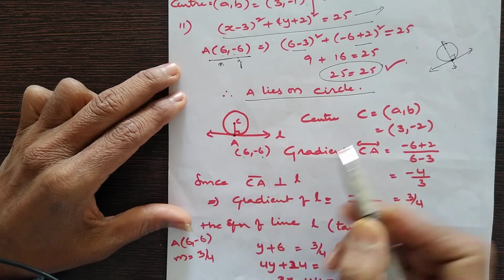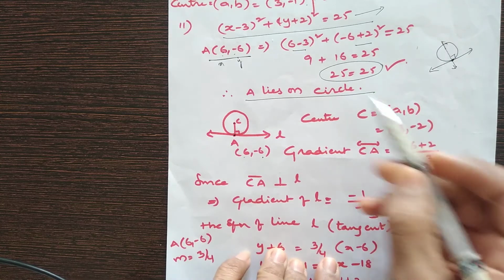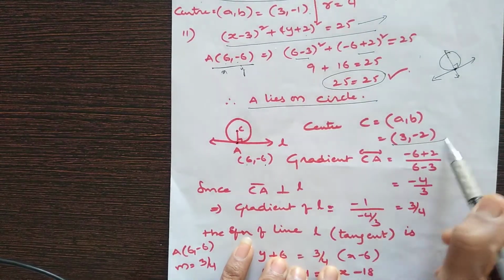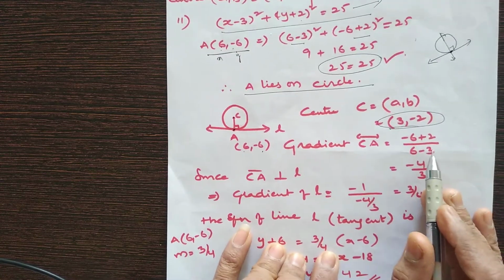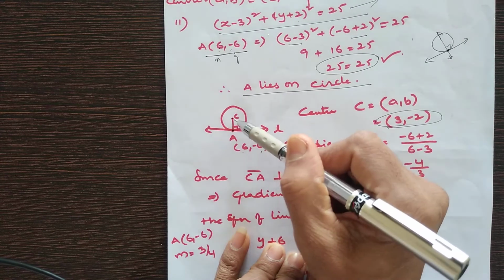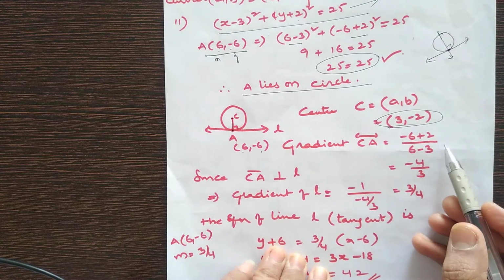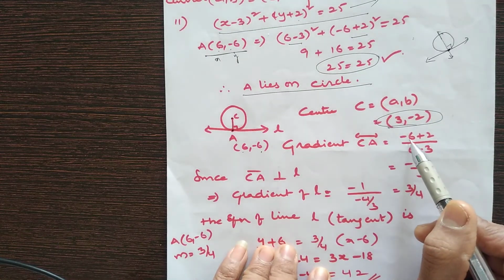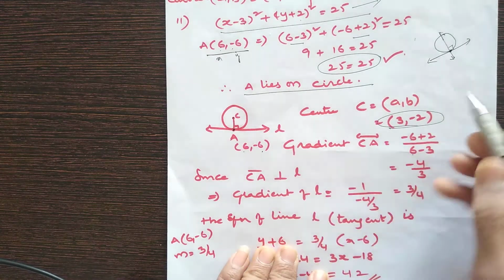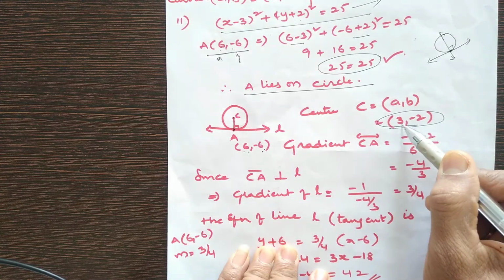Okay. Now see here, this is the tangent at the point of contact, this is the centre, and this is A (6, minus 6). The centre of the circle C is (a, b), that is 3 and minus 2. Centre we got, and the gradient of CA you find out. Why? Because we need to find this CA. The gradient of CA is y2 minus y1 by x2 minus x1, where A is (6, minus 6) and C is (3, minus 2).